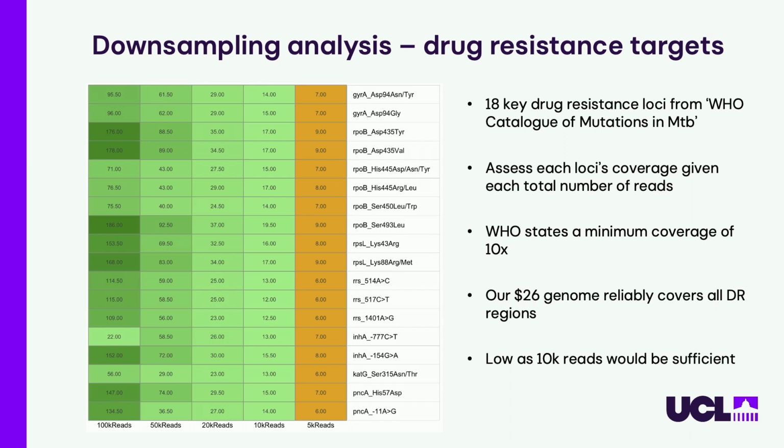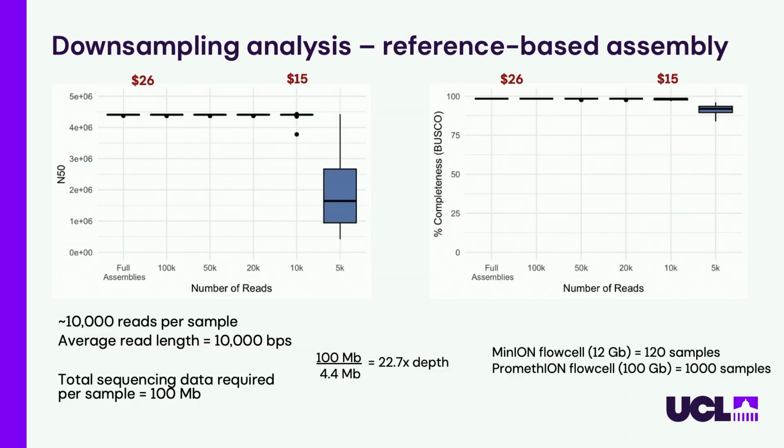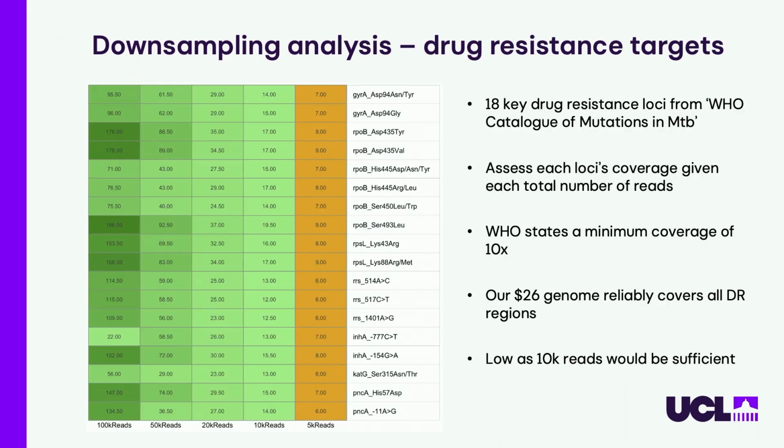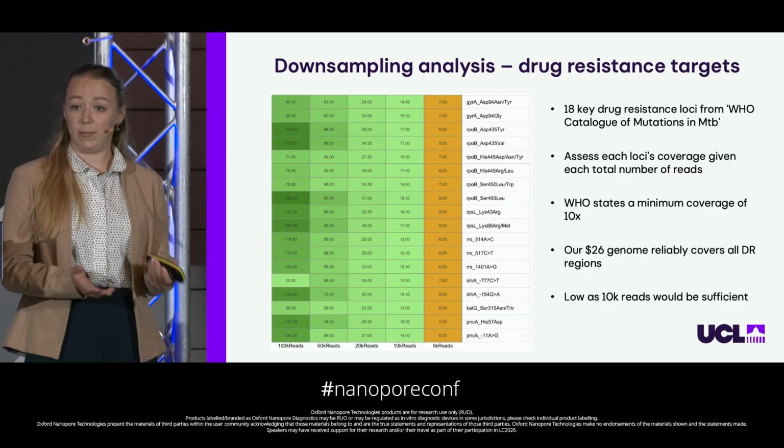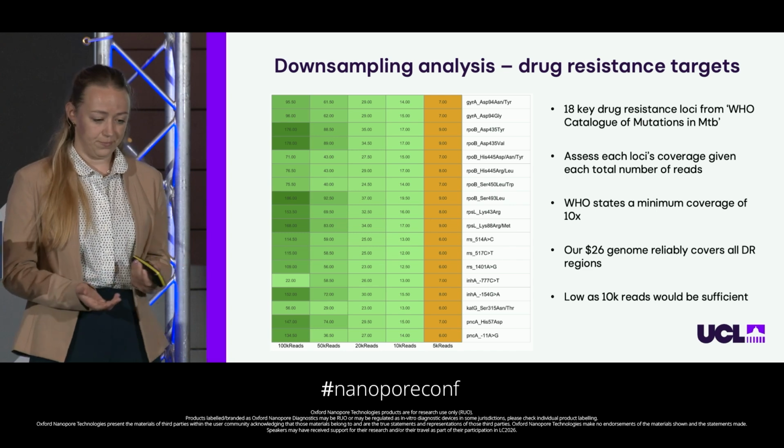And then as you go from left to right, you can see how the coverage changes when we use those subsets of fewer numbers of reads. And it's actually only when we get down to less than 10,000 reads that we start falling below the 10 times depth, which the WHO recommends and requests for calling drug resistance. So it looks like 10,000 reads might even be sufficient.